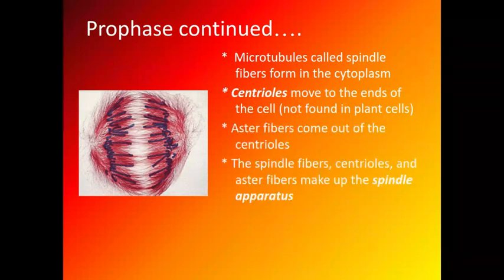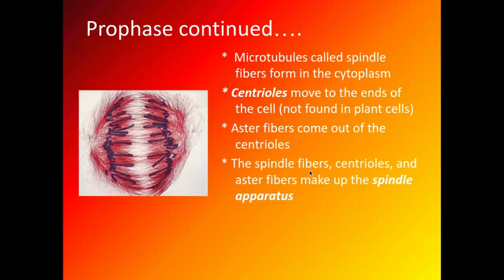So you also have microtubules, and they're like these little spindle fibers everywhere. They form in the cytoplasm. And then the centrioles move to different ends of the cell. This is not happening in plant cells, though. And then something called aster fibers come out of those centrioles.